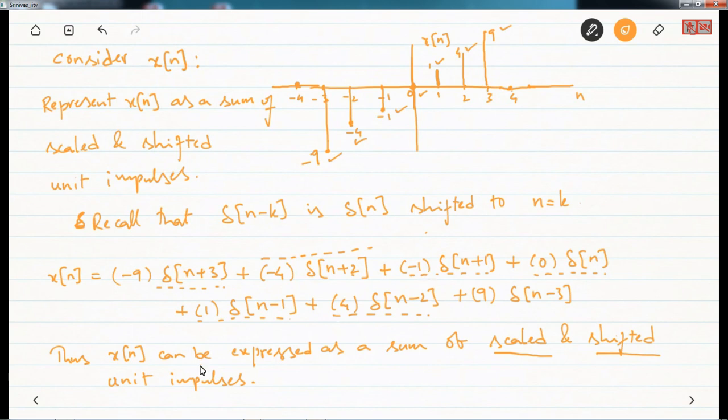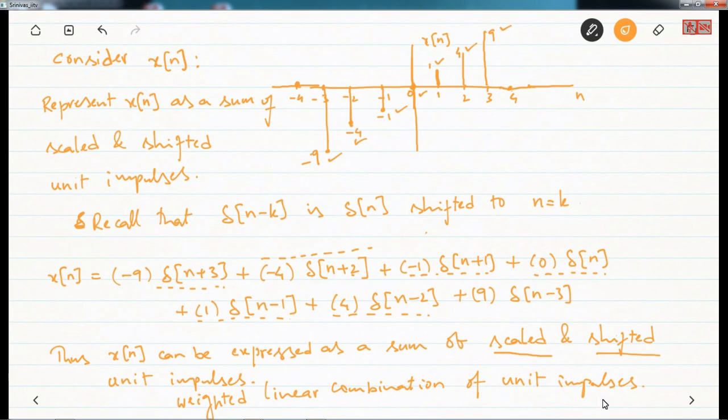So in other words, x of n we are expressing as a weighted linear combination of unit impulses, or as a weighted linear combination of unit impulses, right? So this is pretty straightforward. Like you can write this in 1 minute, if given any discrete time signal.